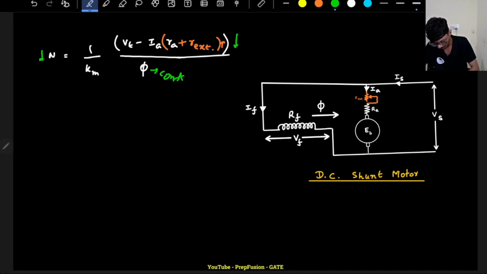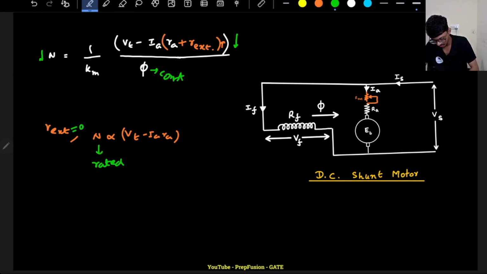The speed reduces. Here, one thing I observe: if there is no R external, then the speed is directly proportional to Vt minus IARA, that is the rated speed.